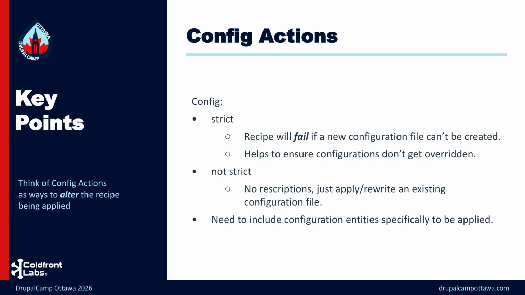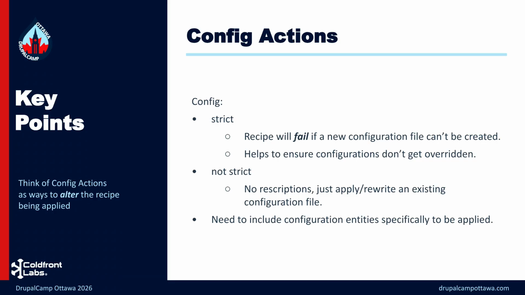And then most people who are aware of the configuration manager and how config settings work know that there's a difference between configuration settings and configuration entities. If you are adding configuration entities, the big tell is that the configuration file has 2 periods in it, like view display mode, where it has multiple dots in the file name.